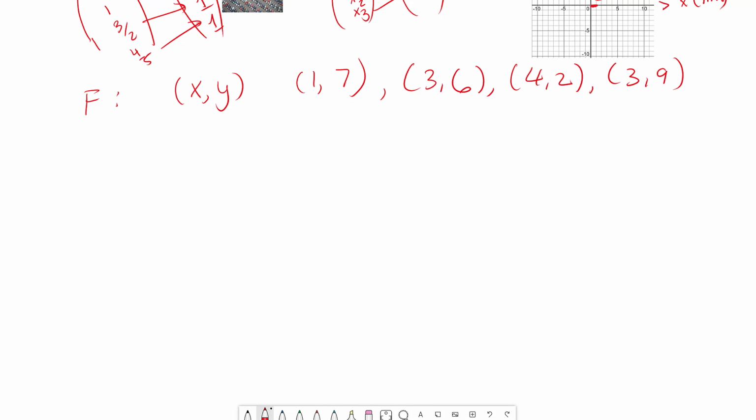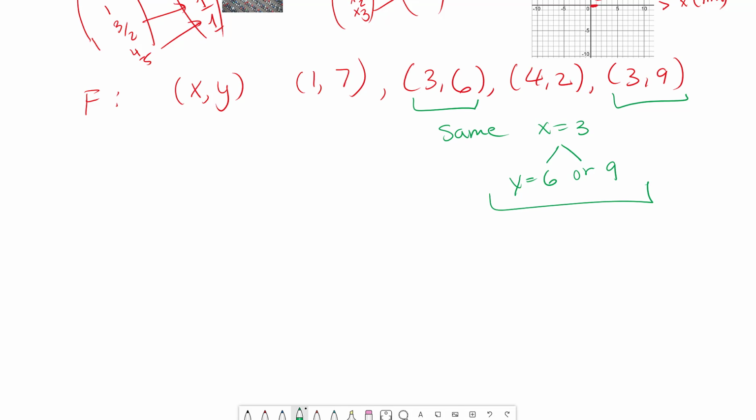As you can see, let's highlight that in a different color, we have two ordered pairs that have the same x. They have the same x equals 3, but we have two different y's, y equals 6 or 9. So this is not a function.